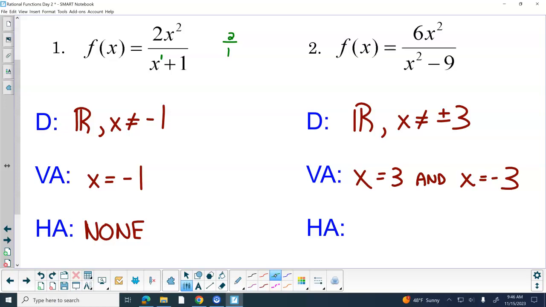Degree on the top, 2. Degree on the bottom, 2. Is that bigger, smaller, or same? That's the same. So then what do we have to look at? The lead coefficients, right? What's the lead coefficient on the top? 6. What's the lead coefficient on the bottom? 1. Okay? So my horizontal asymptote would then be what? Y equals 6, or y equals 6 over 1, which we can just write as 6.